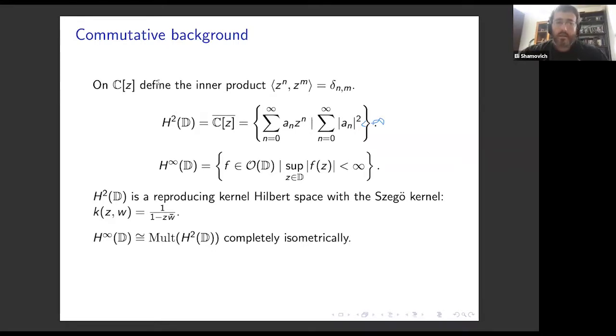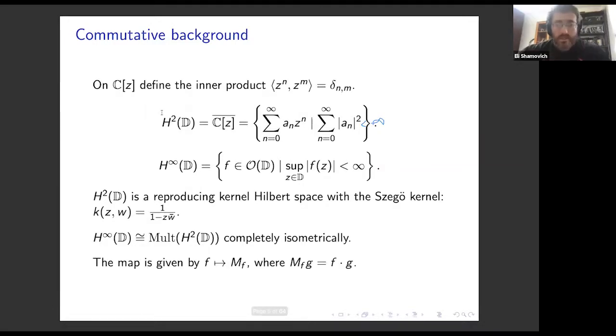And the algebra of bounded analytic functions is completely isometrically isomorphic to the algebra of multipliers on this H2 space, as we saw in Michael's talk and John's talk. The multipliers are the functions that, if we multiply an element of H2 by them, we stay in H2.